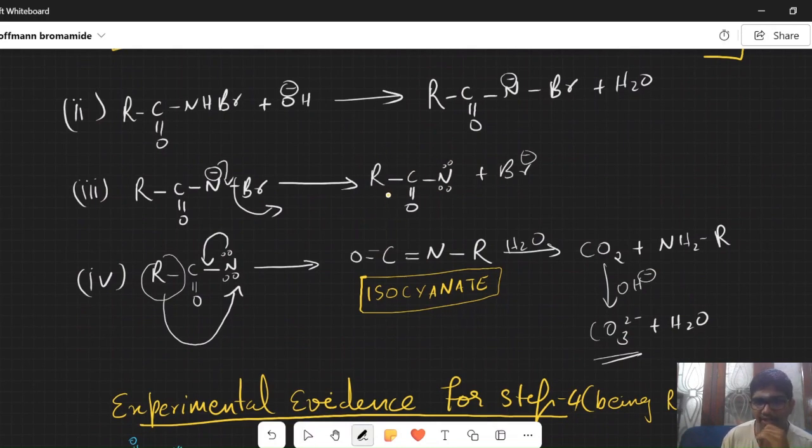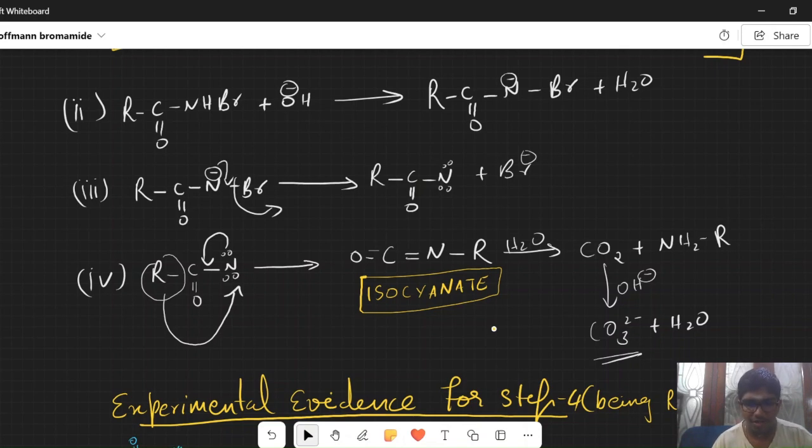If step 3 is not the rate determining step, the nitrene can be attacked by water present in the container. If it was an equilibrium step, if a reversible reaction was possible, the water produced here can actually attack RCON, that is nitrene, and it can form an acyl hydroxylamine. I'll write this here.